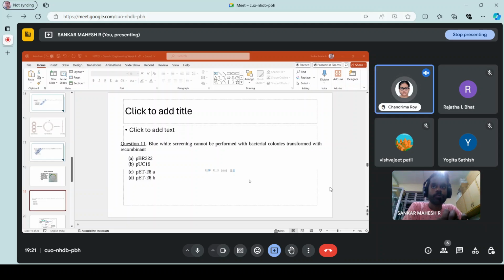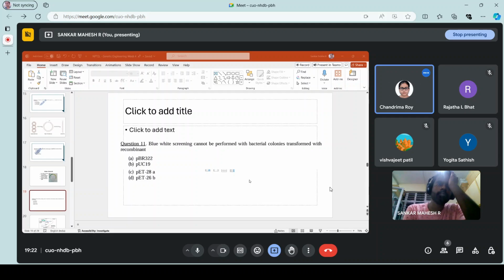Actually, blue-white screening is used to determine whether the recombinant DNA is present in the host cell into which we are introducing it. In that vector we have the lacZ gene, which codes for beta-galactosidase, and we also use a colorless substrate called X-gal.